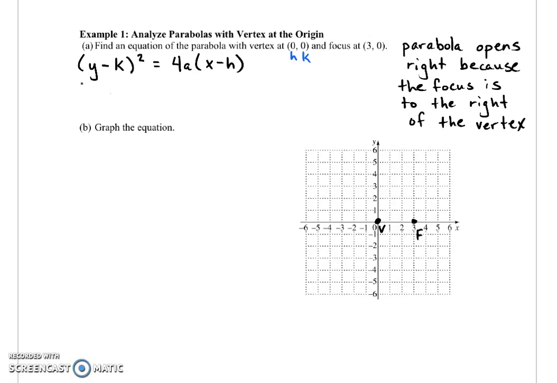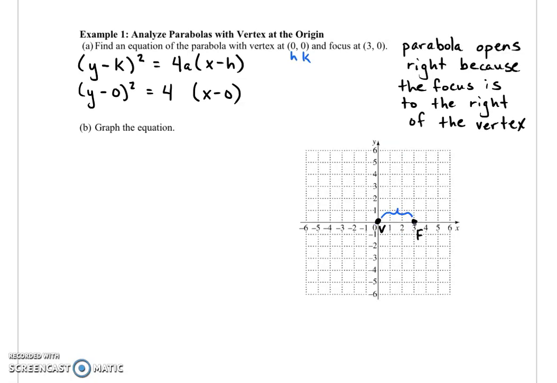So we can plug in y minus 0, our h and our k. We'll leave a blank for the a. We have to figure out what that is. How are we going to figure out what the a is? Well, if you recall, I said a is always the distance from the vertex to the focus.